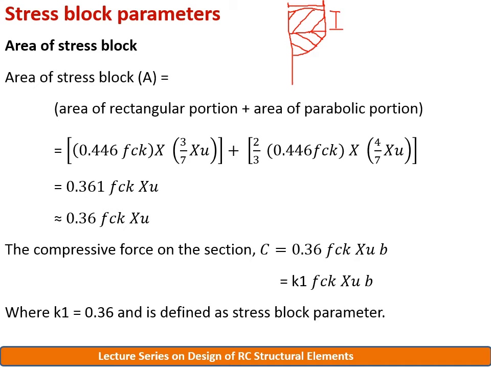So the compressive force on the section, C, is equal to 0.36 FCK XU into B, where B is the breadth of the rectangular section. This value 0.36 we call the first stress block parameter, denoted as K1. So K1 refers to 0.36.